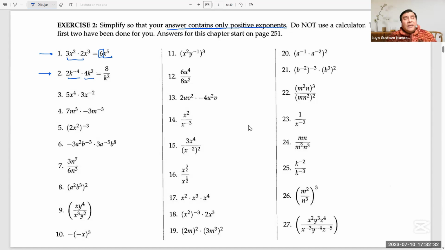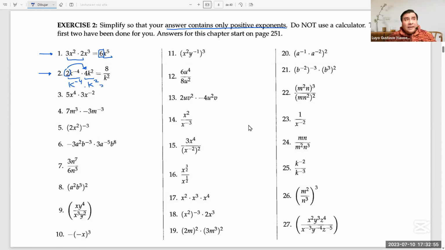Because what we've done here is multiply 2 times 4, and that is 8, of course, but then k up to -4 times k squared, if we use the concept of the multiplication of powers of like bases, we just add the exponents, right? So -4 plus 2 is -2.